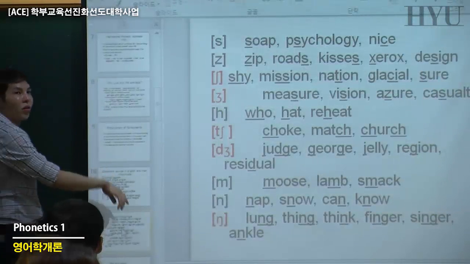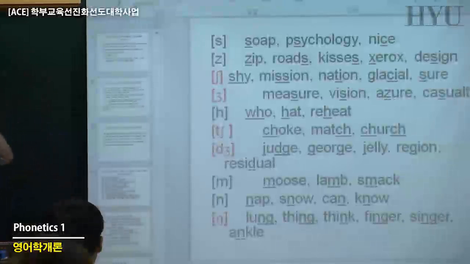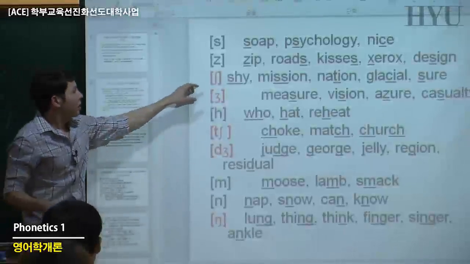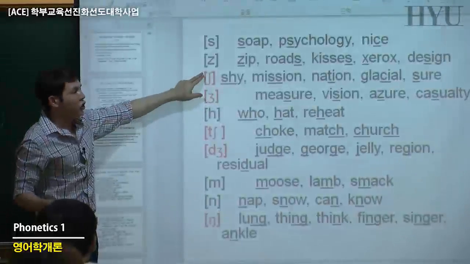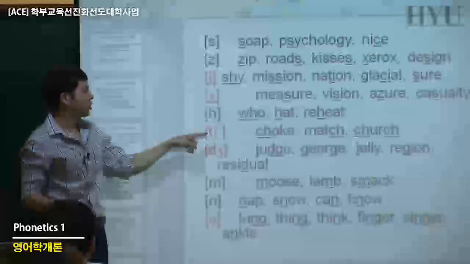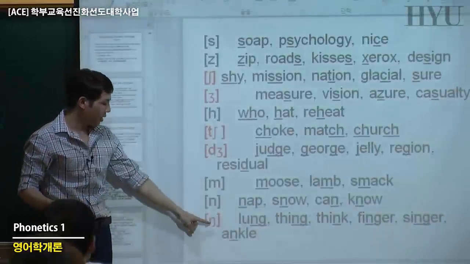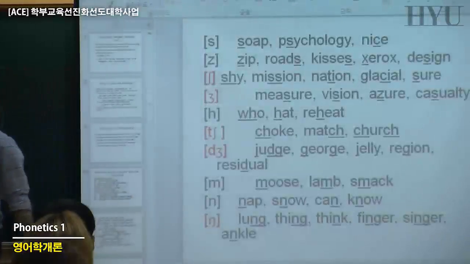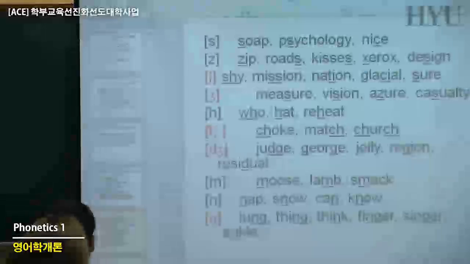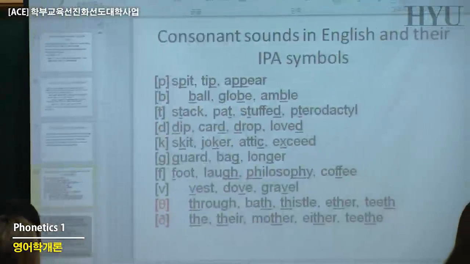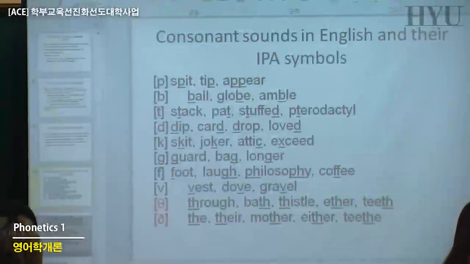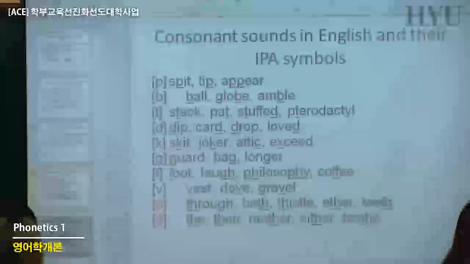Singer, ankle, like that. Okay? So the ones that are different are this and this, right? Sh and zh, and then ch and j, and then the ng, the n with the tail, right? So only maybe 5 or 6, 7 symbols that you have to learn, right?